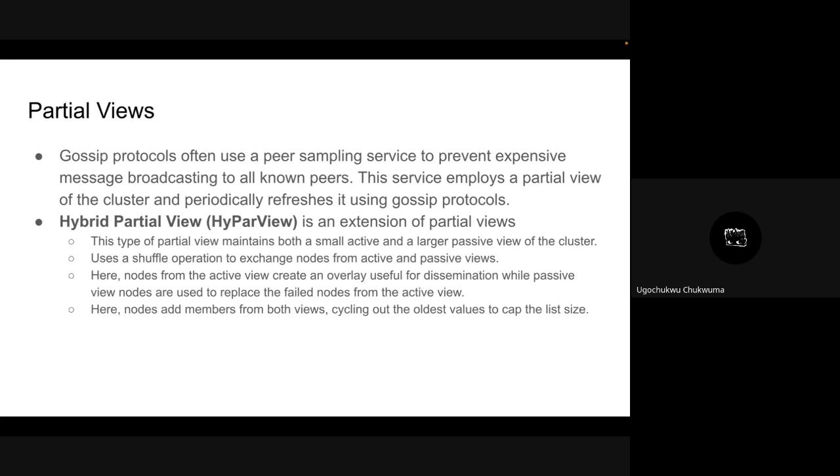Okay, so I just wanted to add something. The partial views, aside from the smaller group of nodes, I think are similar to overlay networks. I was trying to figure out the difference between them. It has a group of nodes which it communicates with frequently, but it also has a larger group, like you mentioned, which it uses for other reasons. For disseminating information, maybe sending messages or updating when there are new messages, it uses the smaller group.